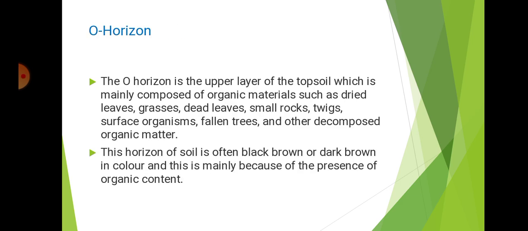If you see, the first one is the O horizon. The O horizon is the upper layer of the topsoil, which is mainly composed of organic materials such as dried leaves, grasses, dead leaves, small rocks, twigs, surface organisms, fallen trees, and other decomposed organic matter.